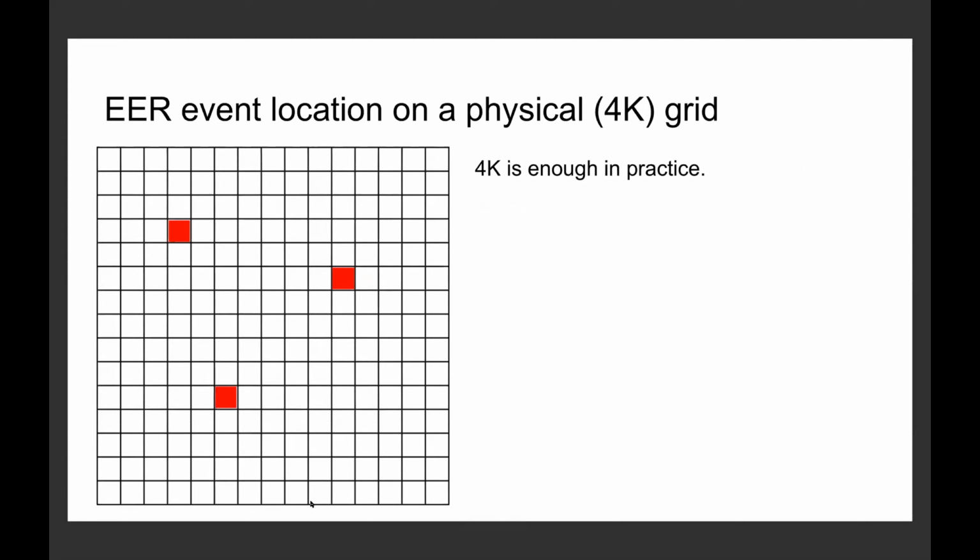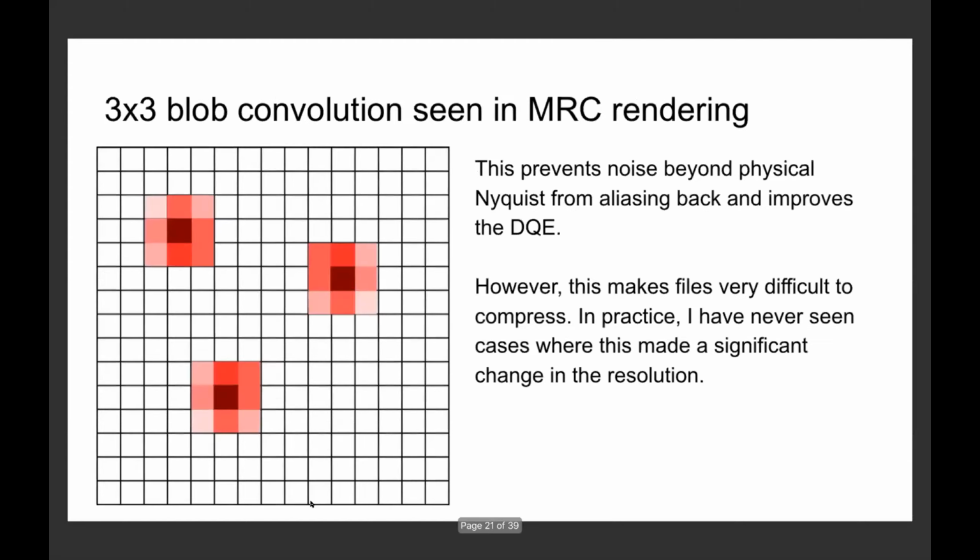But the good thing is that in EER, you know the position of each electron as a dot, while in typical MRC rendering from EPU for Falcon 3 and 4, each electron is convoluted with a 3 by 3 pixel blob. This prevents noise beyond the physical Nyquist from aliasing back and slightly improves the DQE. But this makes the file very difficult to compress.